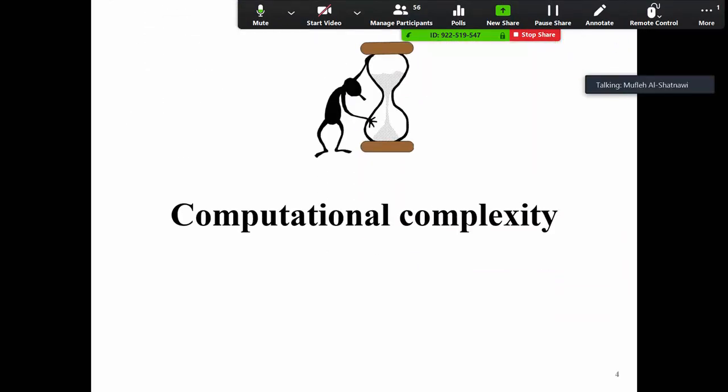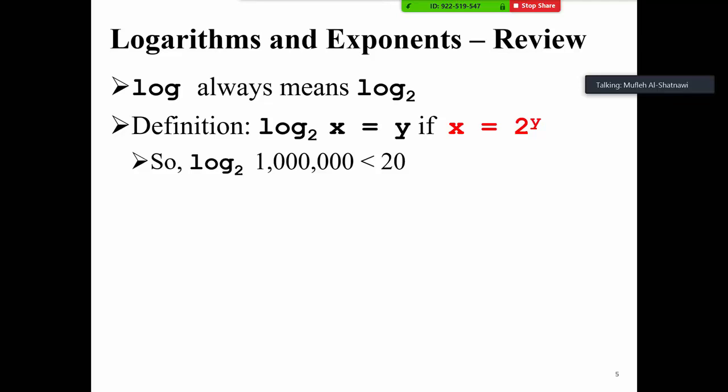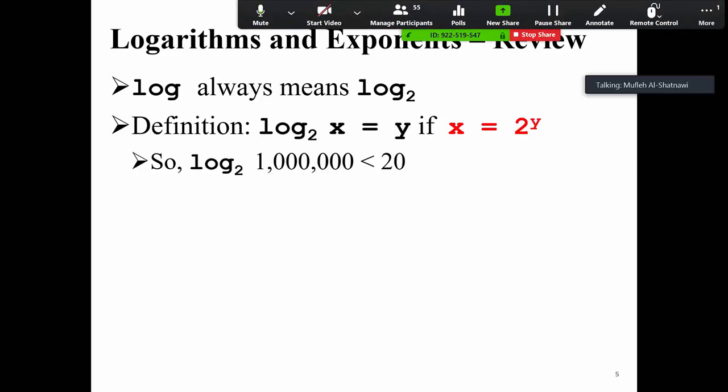Last time we discussed a little bit about the computational complexity, and we discussed, to remind you, some logarithms and exponents review. One of the things is whenever we say log, we always mean log base 2.